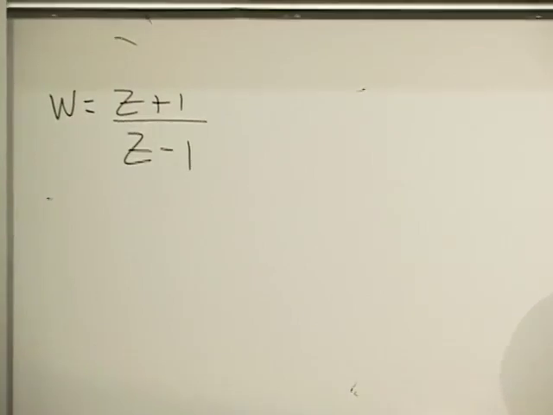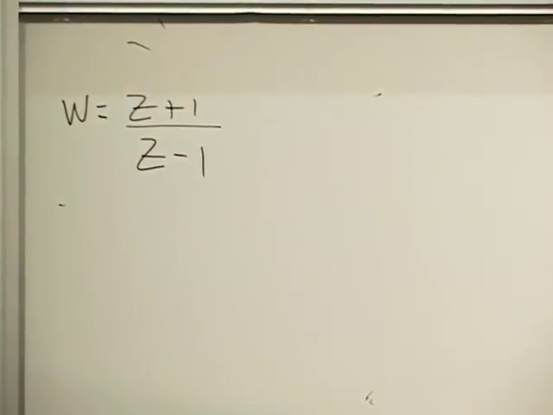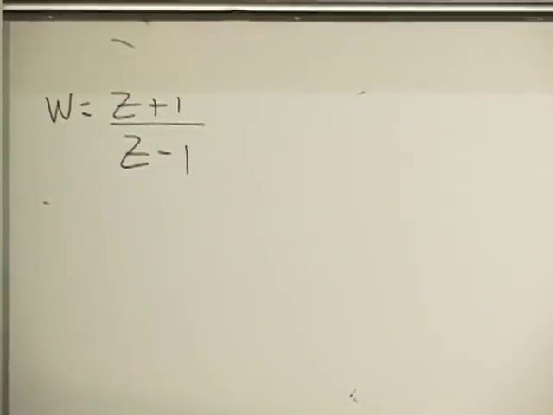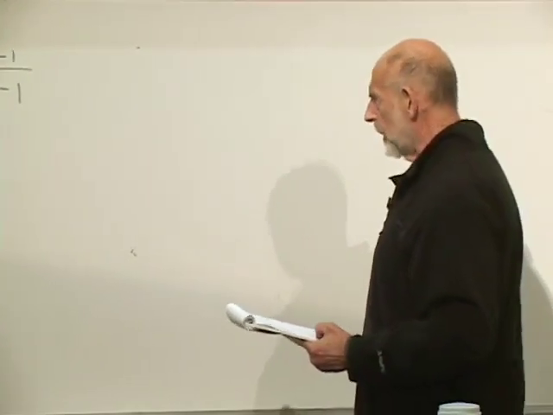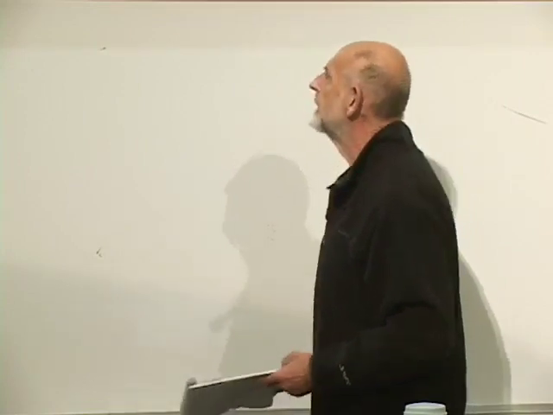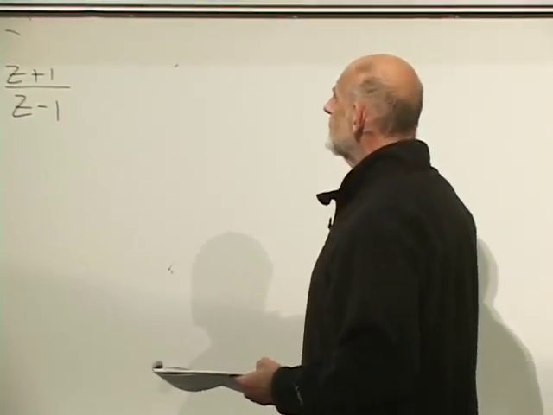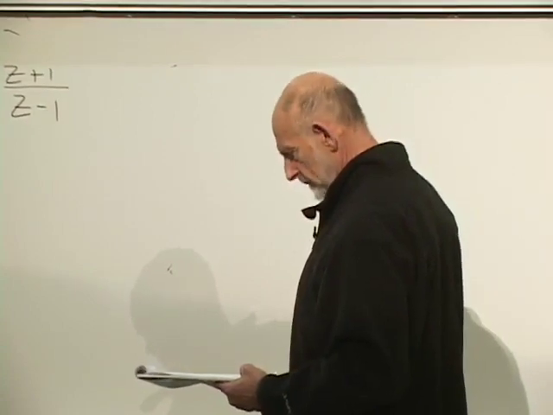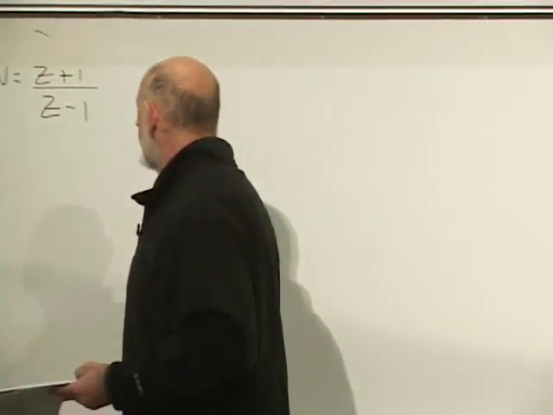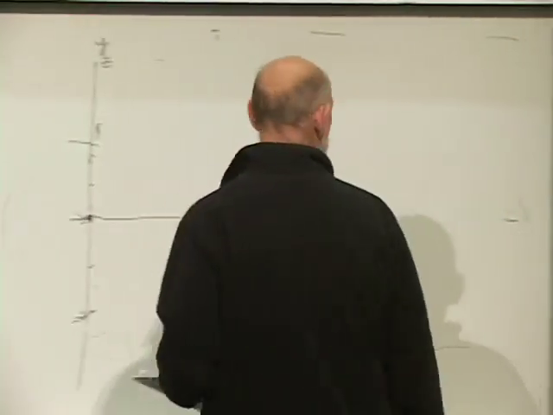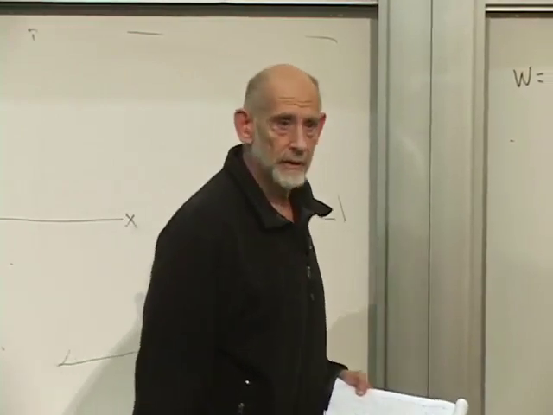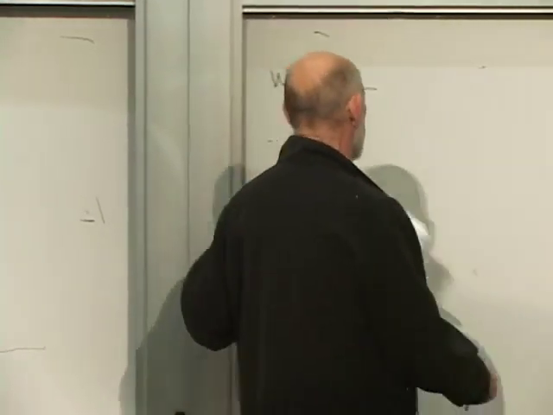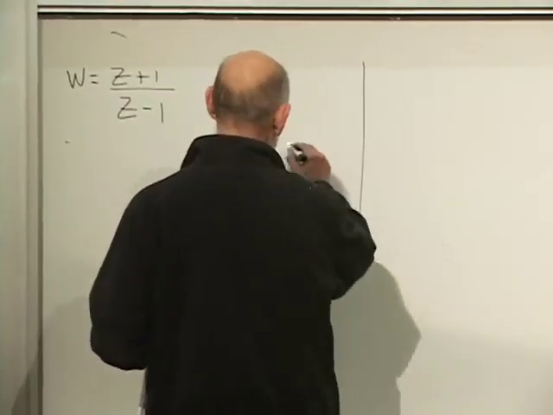Or do I want Z equals W plus 1 over W minus 1? One or the other. Well, let's try it. Let's see what it does. Where does Z equals 0 go? Minus 1, right? When Z is equal to 0, W goes to minus 1.